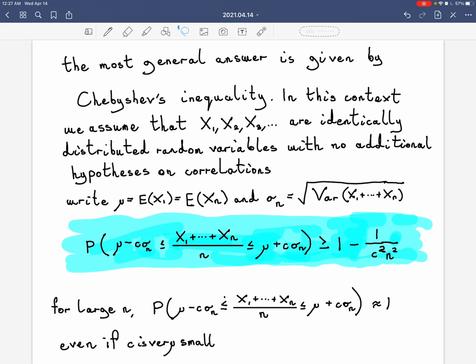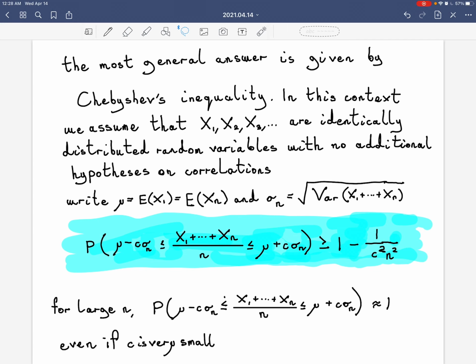And this is an inequality, which means you often want to translate it into infinitary statements by choosing specific values of the constant c as n gets larger.